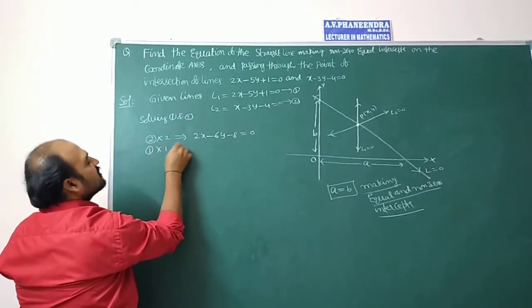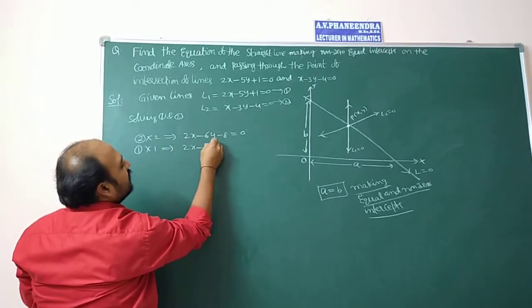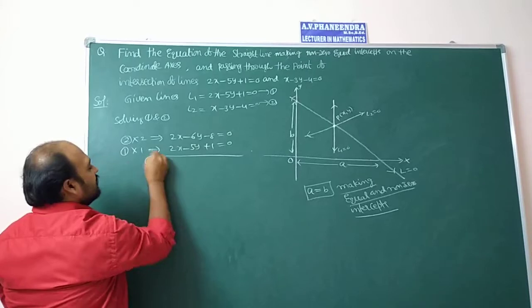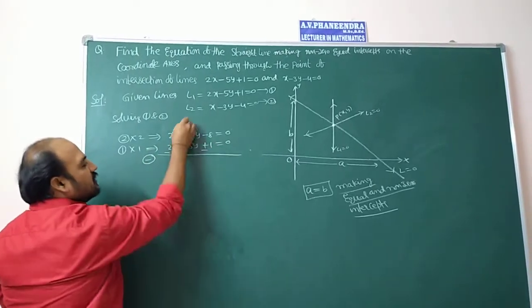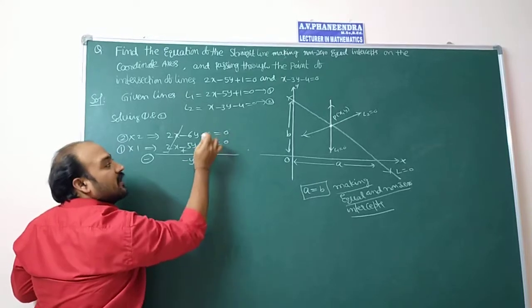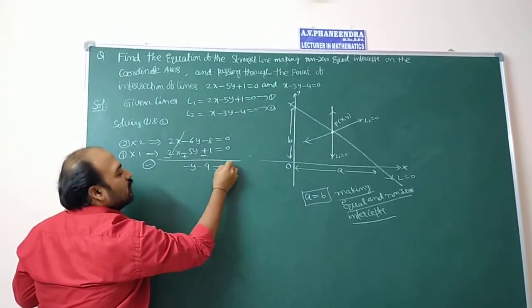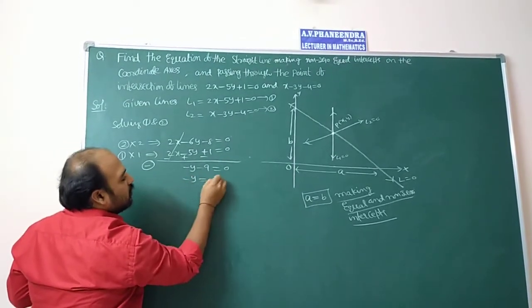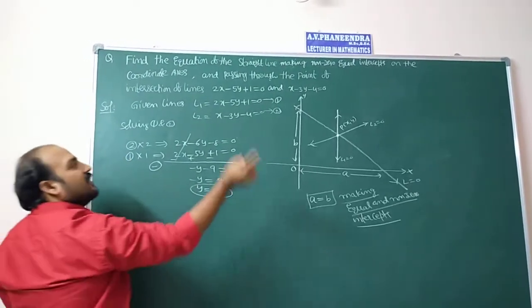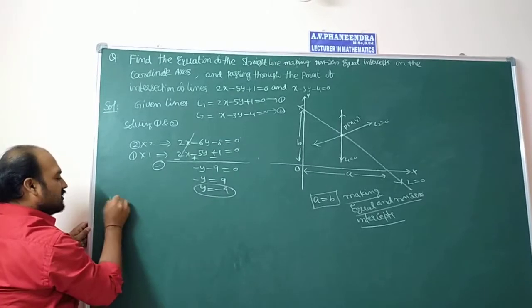First equation into 1, the same equation: 2x minus 5y plus 1 equal to 0. While subtracting, signs change, minus plus minus, and these two will be cancelled. Minus 6y plus 5y is minus y, minus 8 minus 1 is minus 9, equal to 0. So minus y equal to 9, y is equal to minus 9. Either in the second equation or first equation you can substitute.